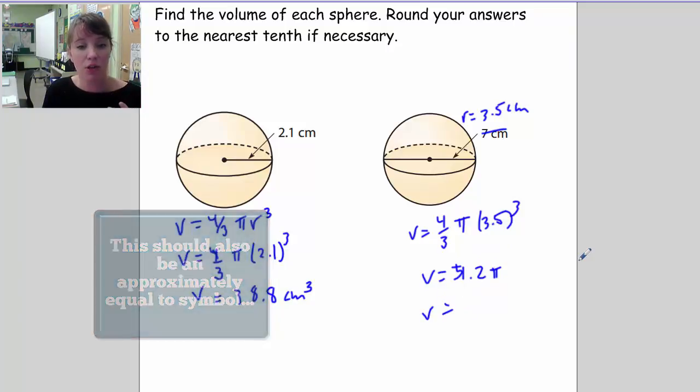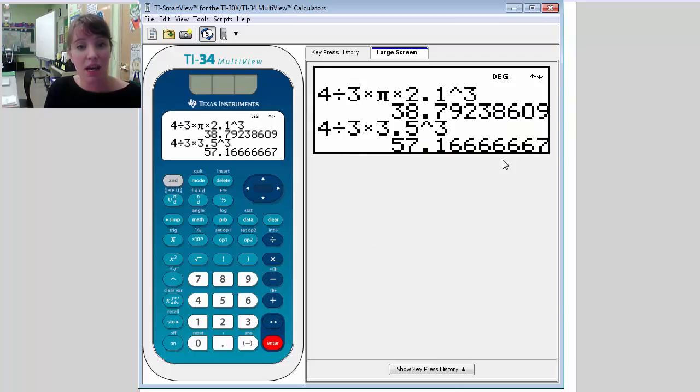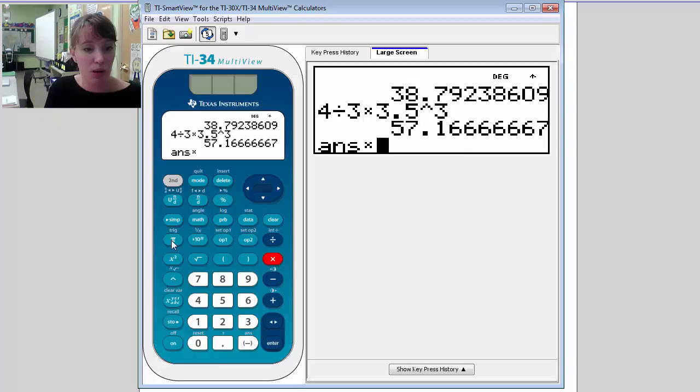But again, if it doesn't say in terms of pi, like up here the directions don't say that, so I want to actually go ahead and take this and multiply this whole answer by pi. Notice that when you hit the multiplication key, what your calculator does is it actually brings down the answer from before and multiplies it by pi. This is actually a nice way of getting a more precise answer.